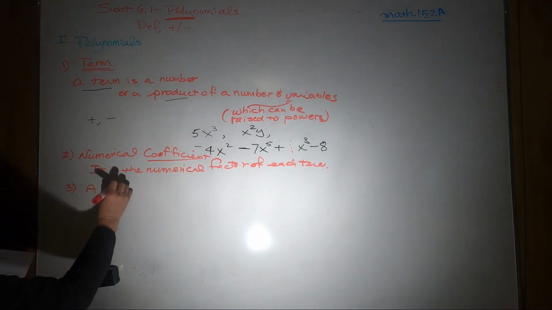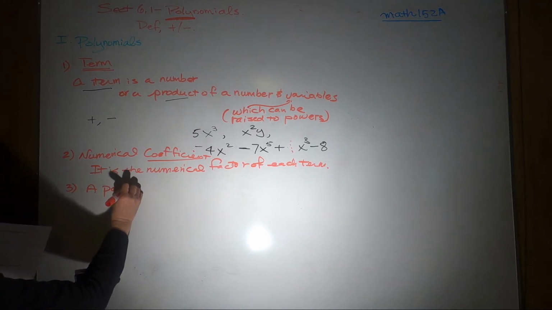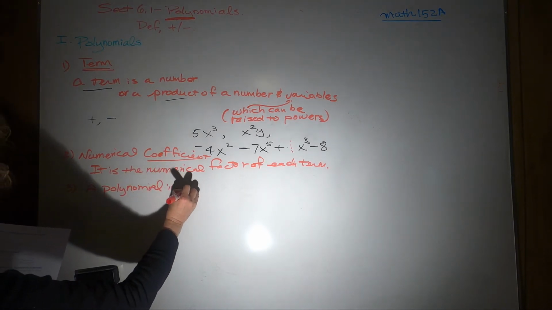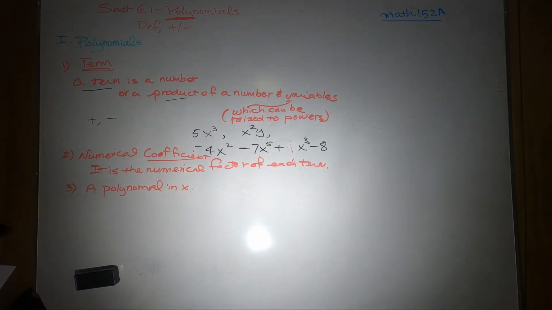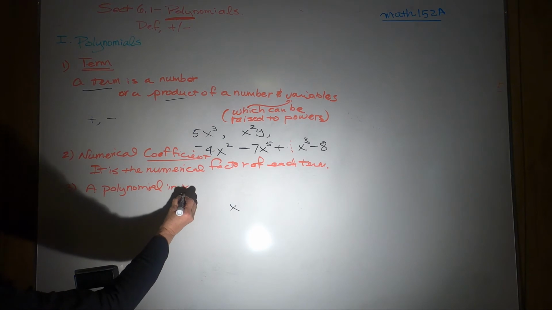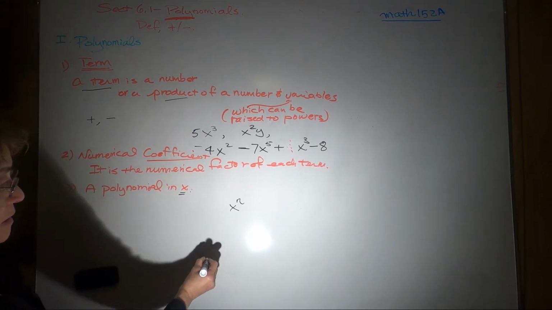Okay? So then we talk about many terms. So a poly, right? Polynomial in x. We just talk about one variable for now. Okay? So it has what? Many terms. For each term, it will look like what? You will have x, right? Just for one variable. Then to some power.